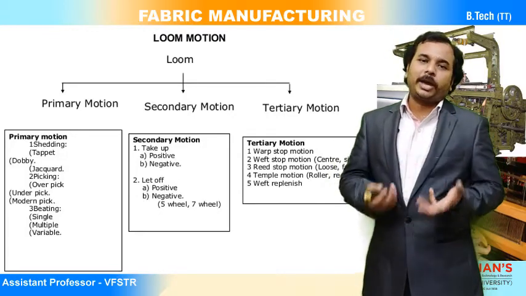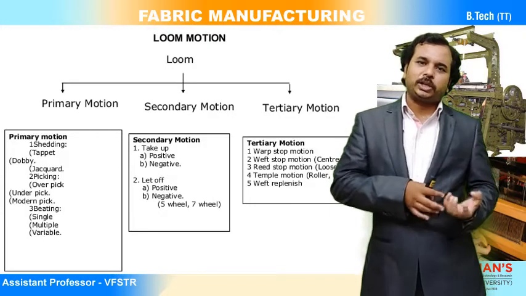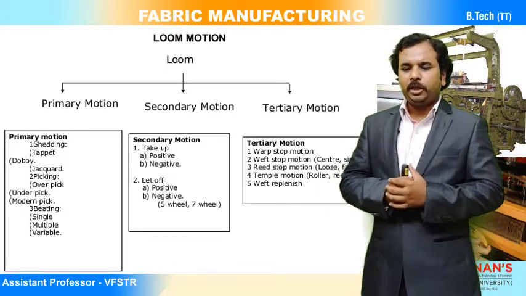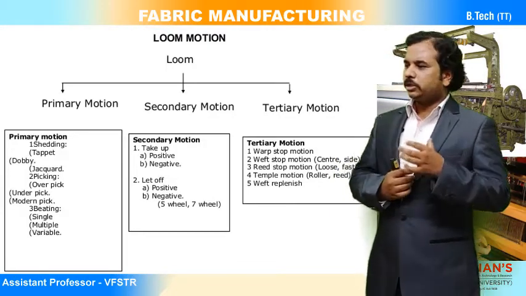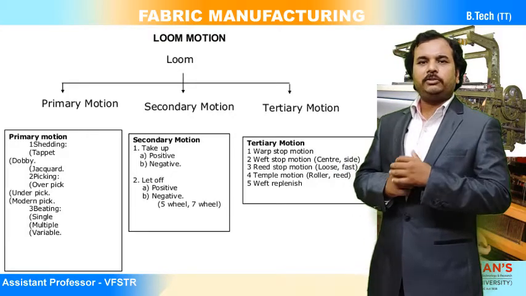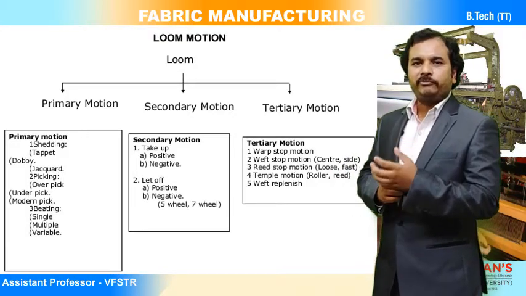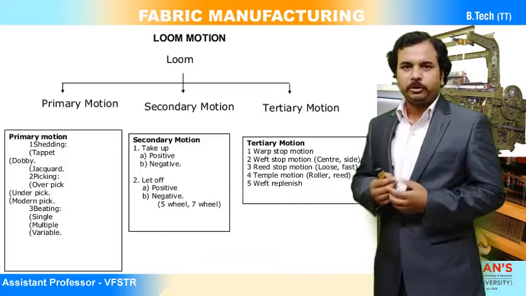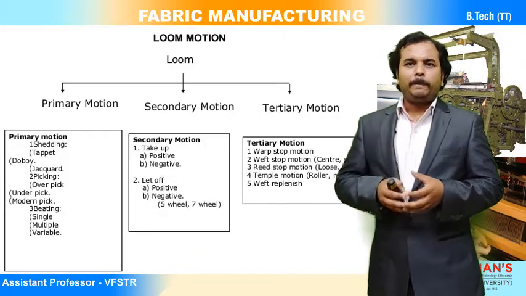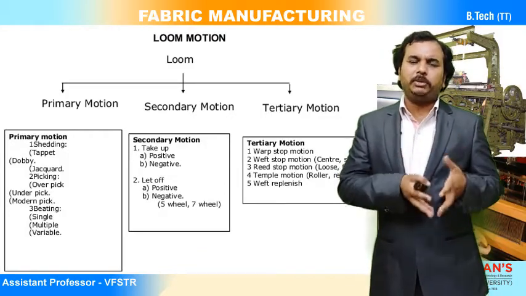There is no mechanism. If the weft yarn is exhausted, he sees in every pick whether there is a weft package or weft yarn present in the shuttle or not. It is a completely manual process.